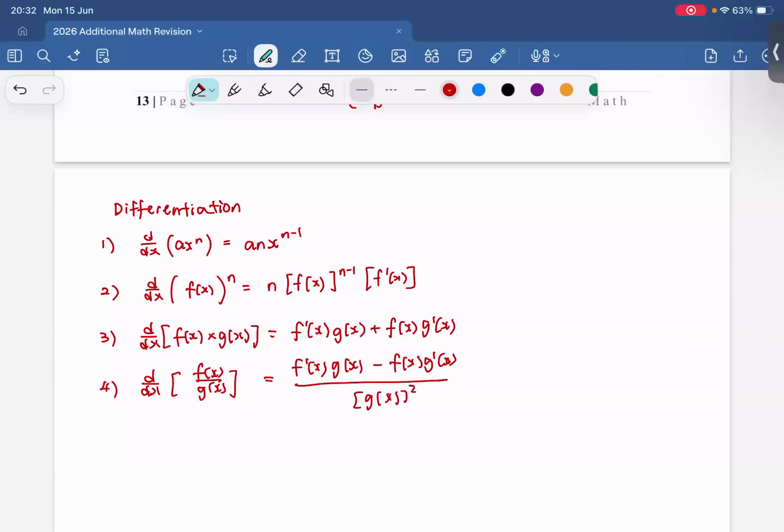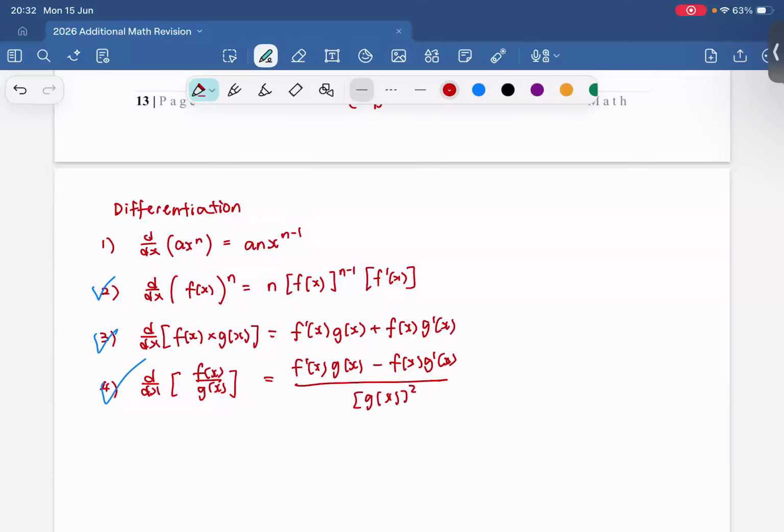You have to see what you have. If these three are present, then you differentiate them first. Then comes sine x: you just differentiate the angle, and sine changes to cosine of the angle. 6, differentiate cosine, which gives sine.